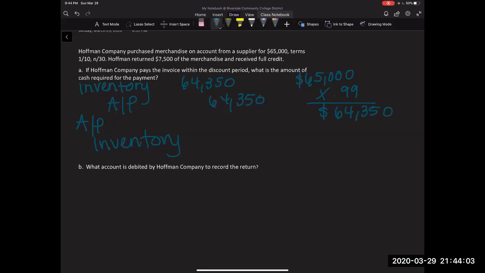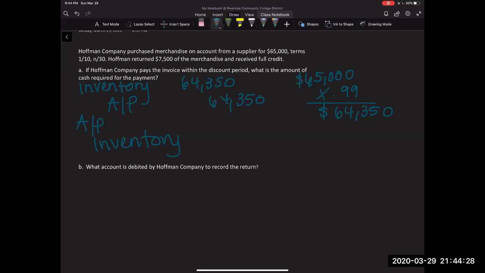If you return that inventory, they're not going to give you the original full amount, what's on the tag, because you never paid the full amount for that inventory. A discount was applied the moment you purchased it. So when you return it, it will be returned with a discount as well, okay?